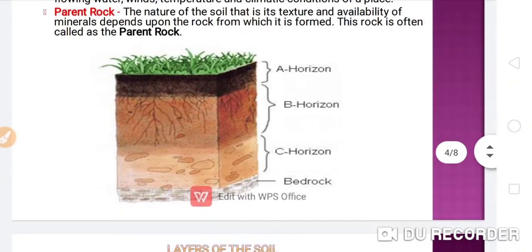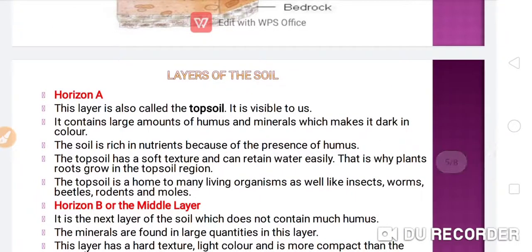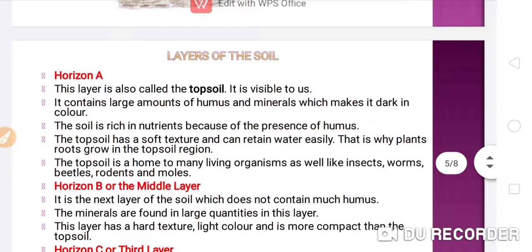Now you can see in this figure the different horizons of the soil: the A horizon, which carries the humus, the B horizon, the C horizon, and the bedrock, which is the hardest part of the soil. Now we are going to discuss all the horizons of the soil one by one, first horizon A. This layer is also called the topsoil, meaning the soil having humus. It is visible to us, and we can see it easily.